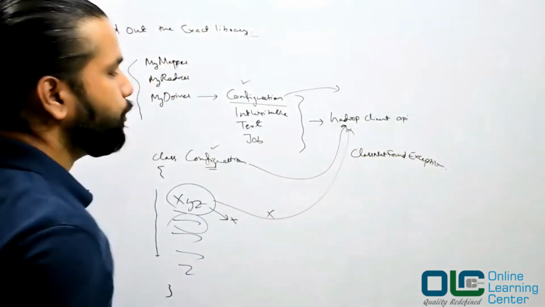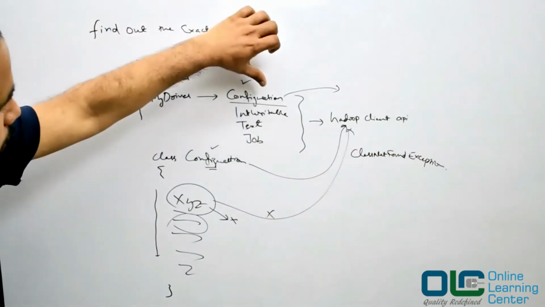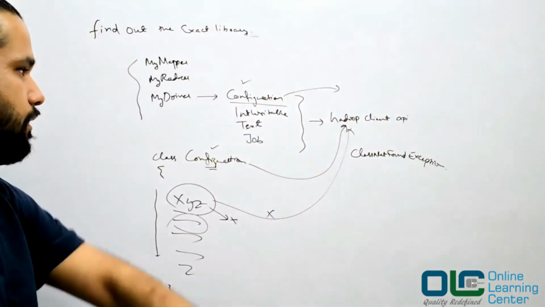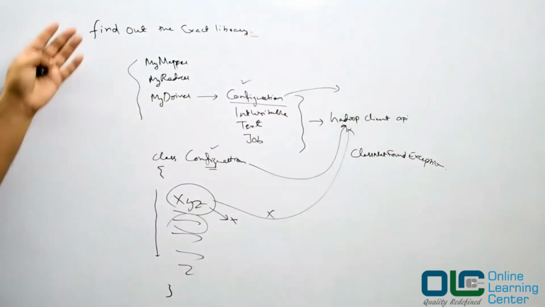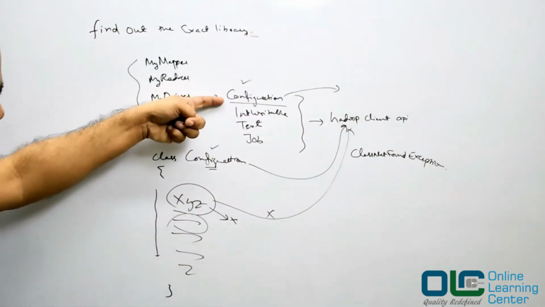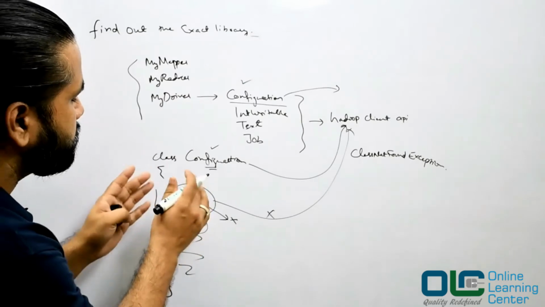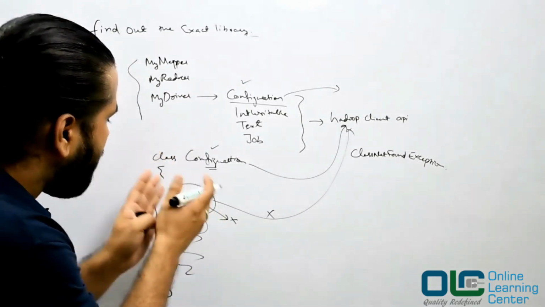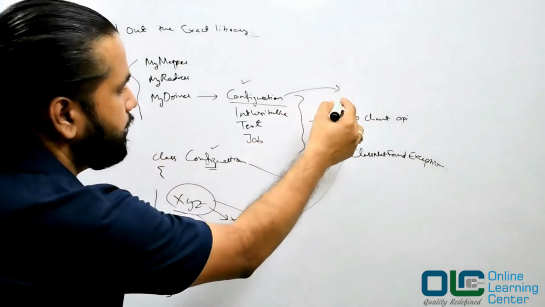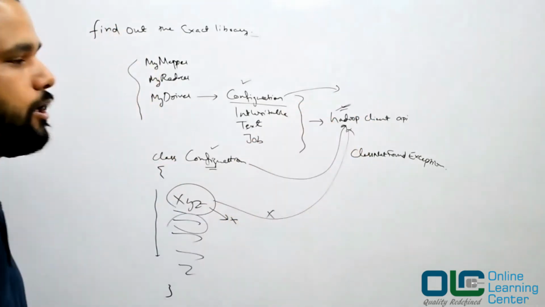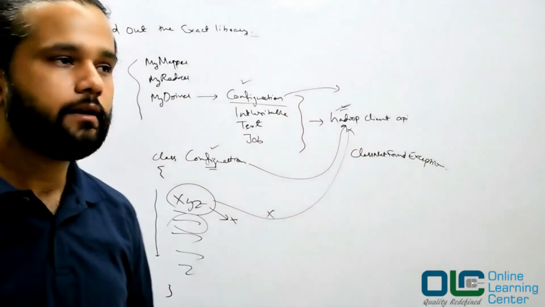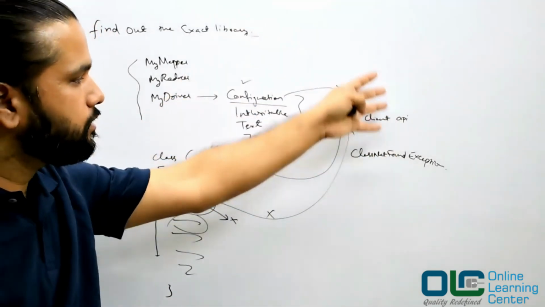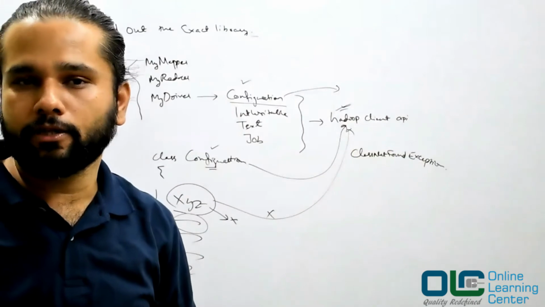And why are you getting this? Because your configuration class is present in Hadoop client API. That's okay, compiled successfully. But when you are running this program, your configuration class is internally using some other class, and that other class is not present in your Hadoop client API. It is not even present in any of the libraries added to the build path so far.